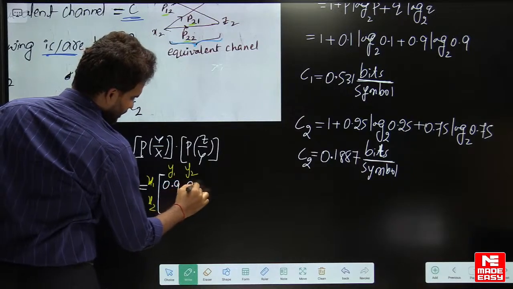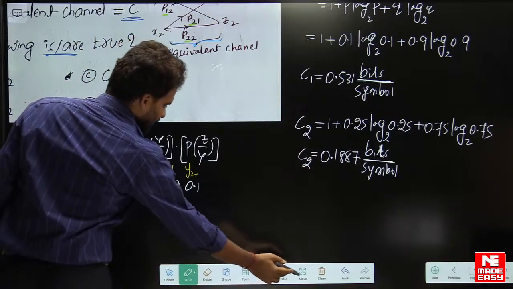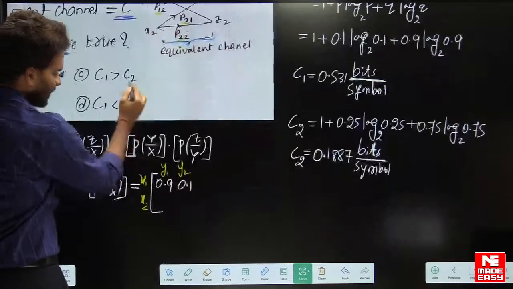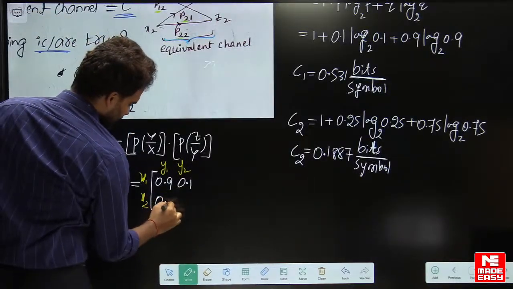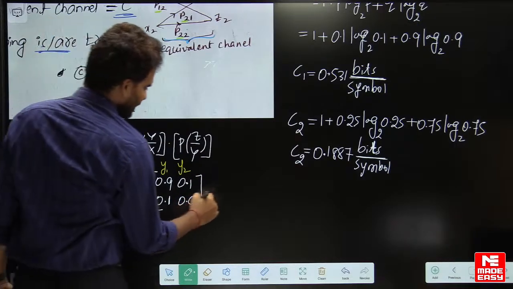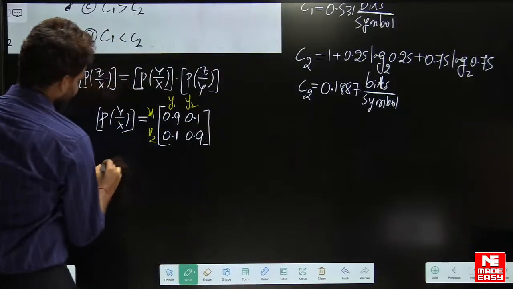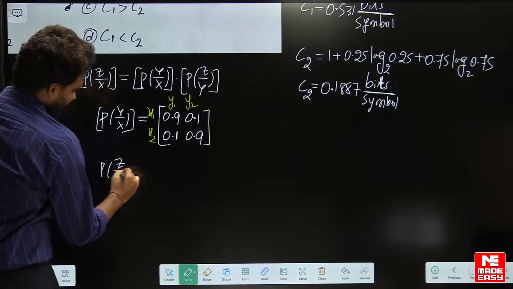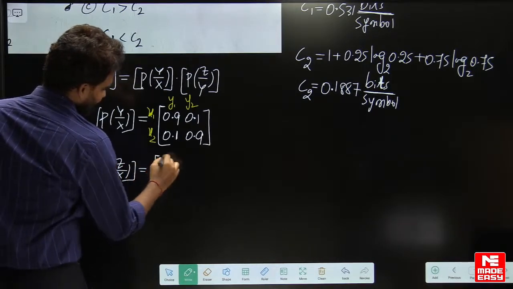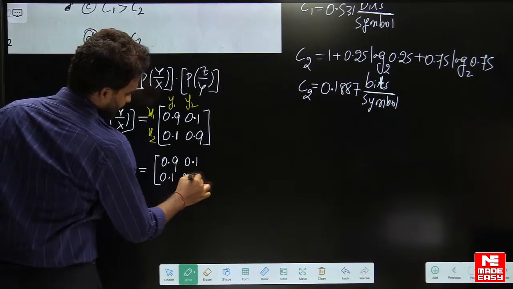Then x1 received as y2 is 0.1, x2 received as y1 is 0.1, and x2 received as y2 is 0.9. This is p y by x. Similarly you can write p z by y, so let me write directly.